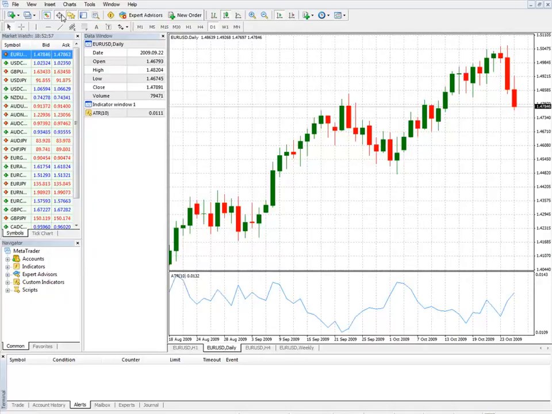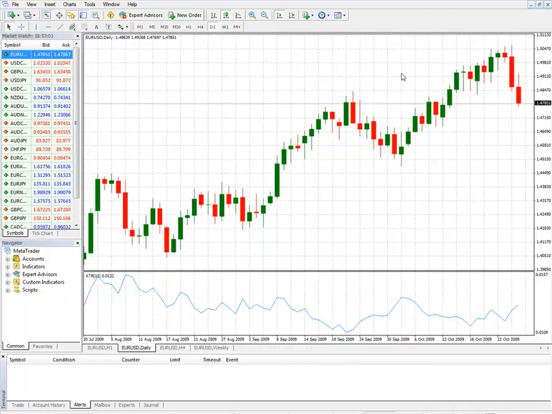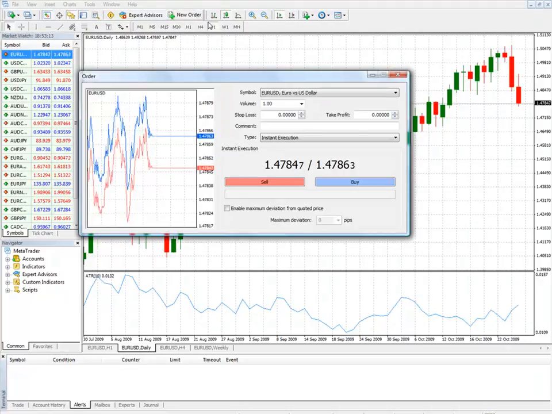So what we'll do is we'll trade the daily chart, but we'll have to scale our level of leverage as far as volume is concerned.